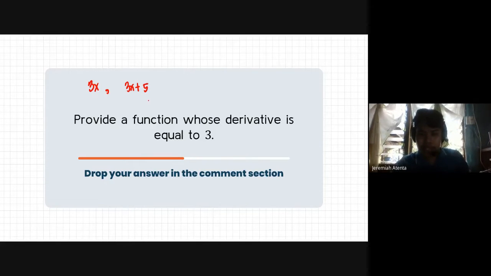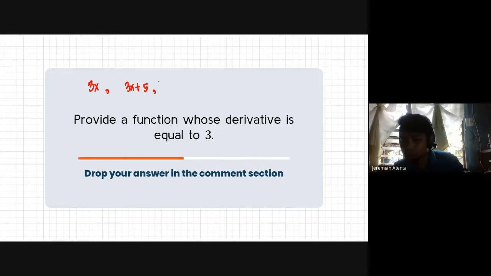Now, what else? I would like to ask two more answers. Aside from 3x and 3x plus 5, can you provide another function with derivative equal to 3? Sino pang pwedeng magbigay ng function?